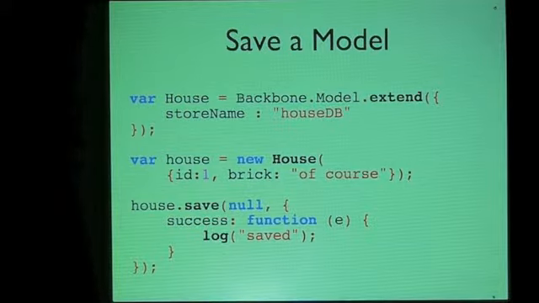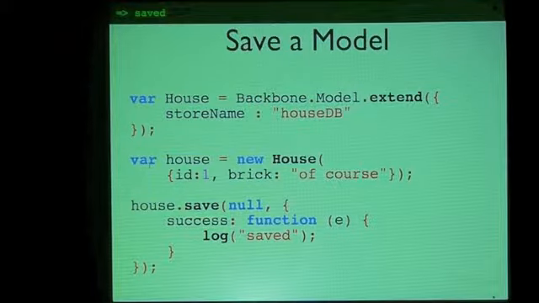Now, I get a store name, which is housedb. Then I create my new house, and then I call save on my house. I have a success callback, and when I do this, I should see my house saved.